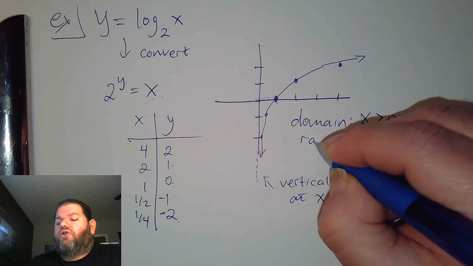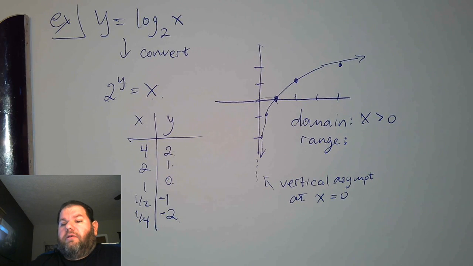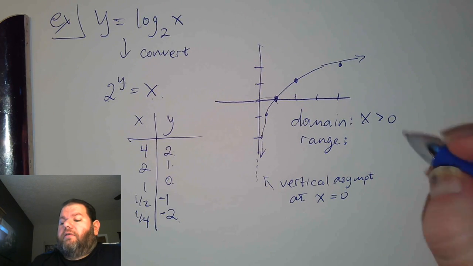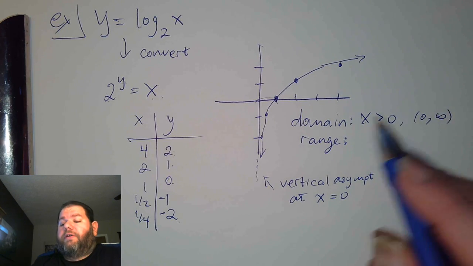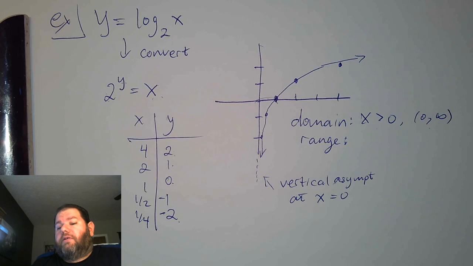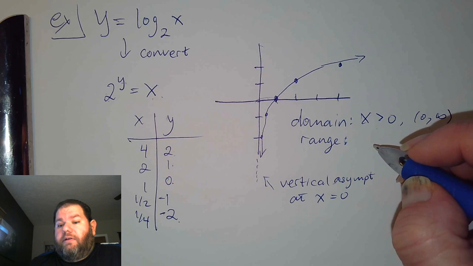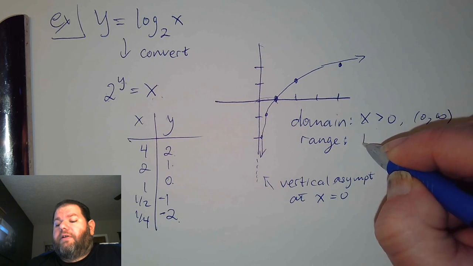What about the range? Good. X greater than 0 or 0 to infinity. We could do it either way with an inequality or an interval. Exactly. And the range is all real numbers. Right, 0 is not included in the domain.